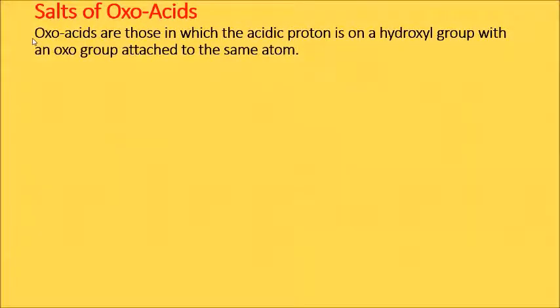Now let's talk about the salts of oxoacids. Oxoacids are those in which the acidic proton is on a hydroxyl group, with an oxo group attached to the same atom. An example is carbonic acid, and the formula for carbonic acid is H2CO3.